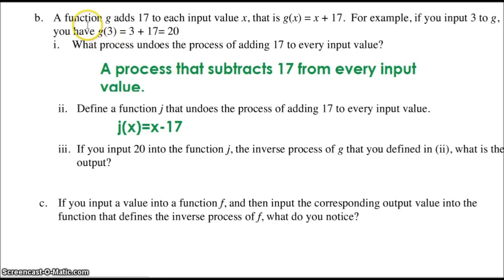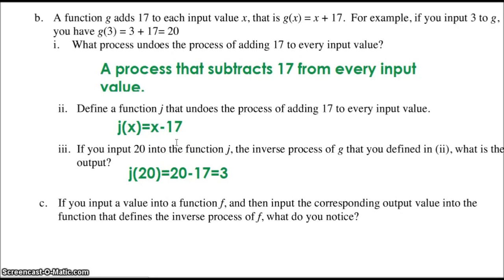Let's evaluate 20 in the function j. j of 20 equals 20 minus 17, which is 3. So notice what we have here. When we put 3 into the function g, which adds 17, we get 20. But when we put 20 into the function j, which subtracts 17, we get 3. So the function j undoes what the function g did.